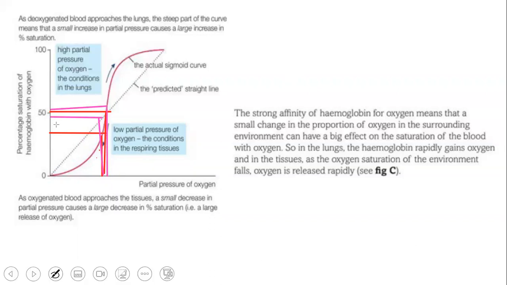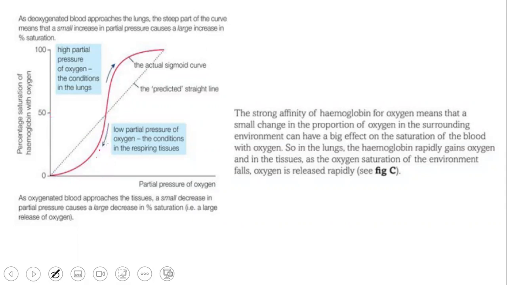So you can see the difference between the pink lines, right? If I follow the straight line graph, a small decrease in partial pressure gives me a small decrease in hemoglobin percentage. But when I follow my sigmoid curve, even a small decrease in partial pressure is giving me a large decrease in percentage saturation of hemoglobin. And that is what we want.